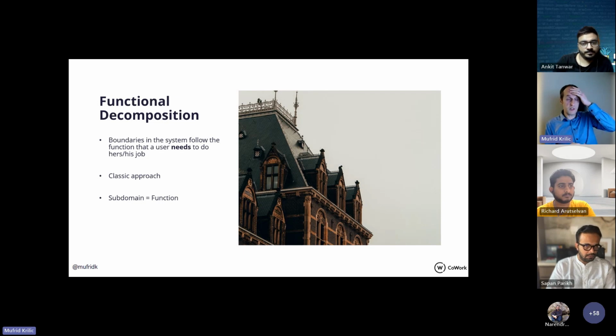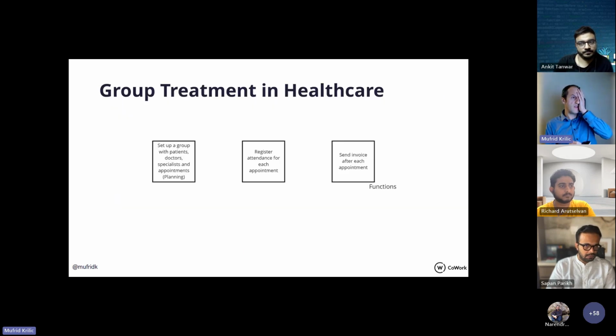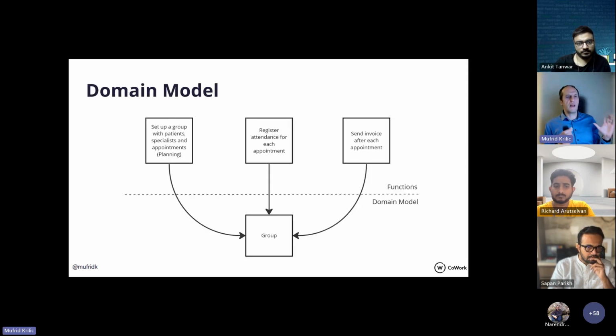So what are the functions in our case? We need to plan a group, to set up a group, we need to register attendance, and we need to send an invoice for each appointment. Some of the functions, just for the sake of the presentation. So we do a model of this. We can have one group in our domain model that we want to code in our software afterwards, one group that can perform all these functions.